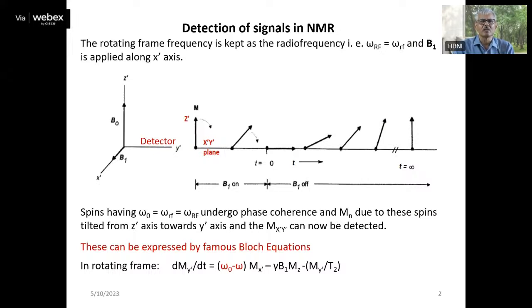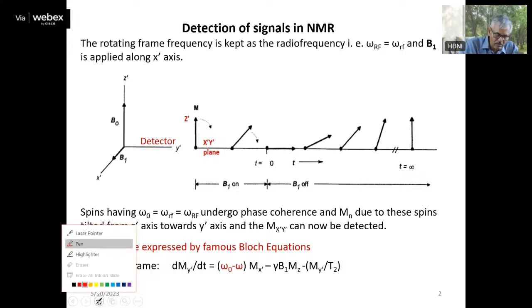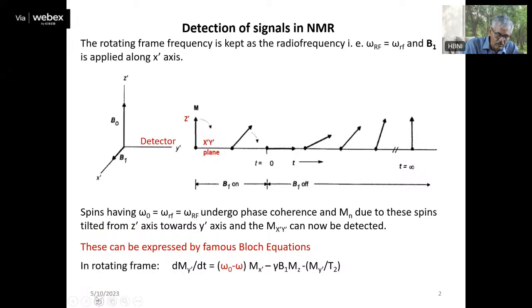Now we are not talking about any pulse NMR. Spins having the frequency omega 0, which comes from the applied magnetic field B0, when it matches the rotating frame frequency, or the radio frequency, which we will call the transmitter frequency, they undergo phase coherence.